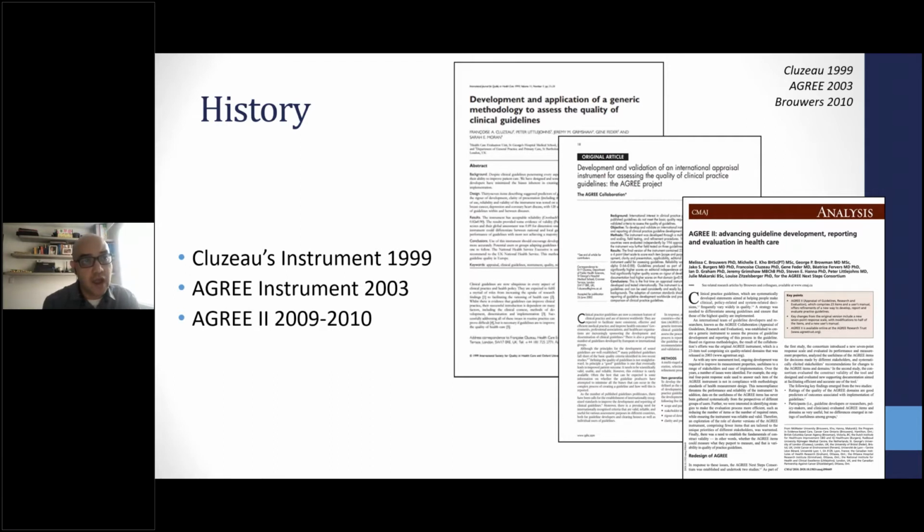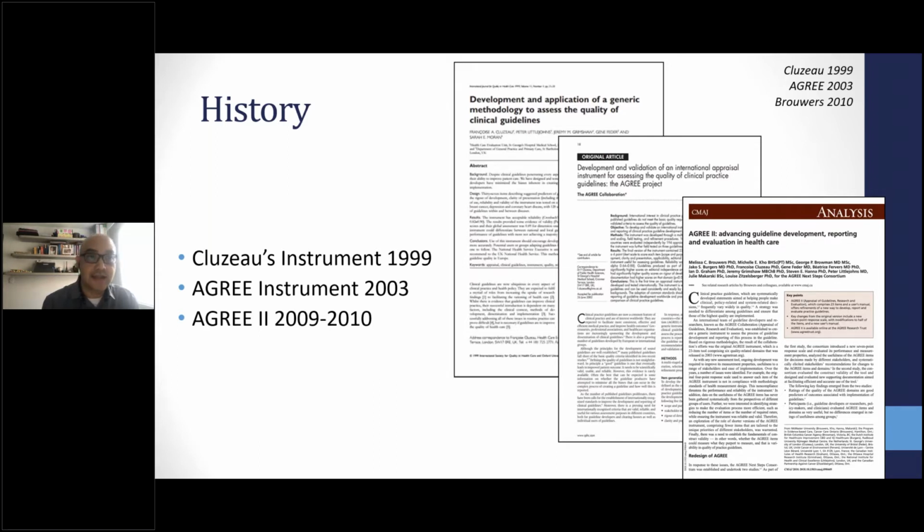After this work, a collaboration of experts from Europe, the UK, and Canada started, which was called AGREE. In 2003, based on the Cluzeau instrument, they improved the tool and ran a validation process to create the new tool, called AGREE, published in 2003.